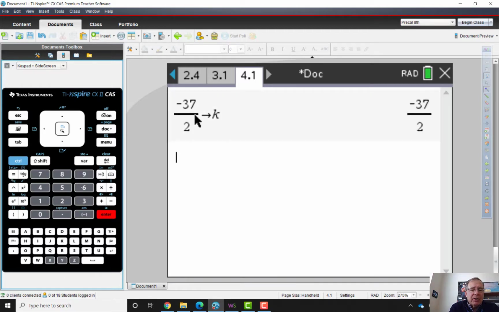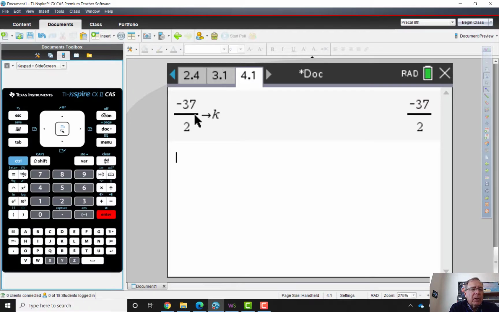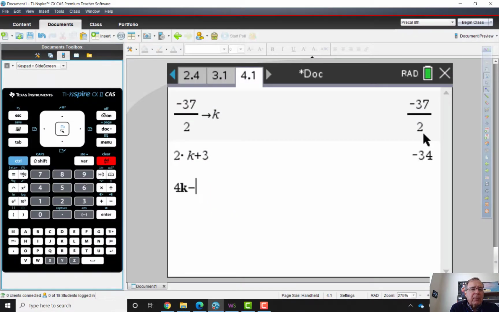So then, going back and checking my expressions, 2k plus 3, and the fact that I got a bold letter there means there's something stored in k. So that's negative 34. Then 4k minus 6. So that's negative 80.